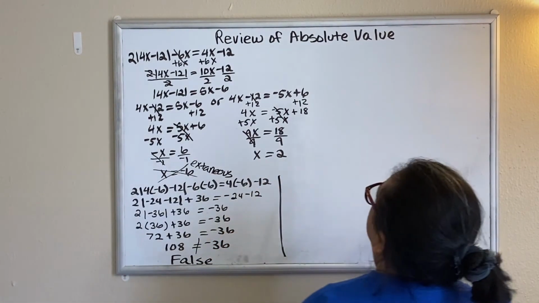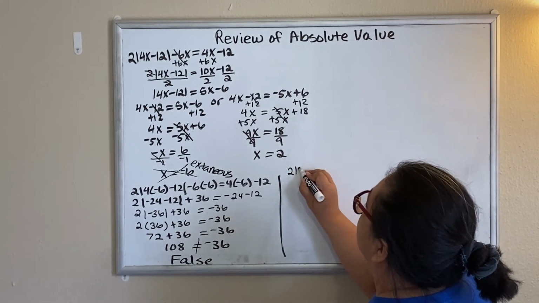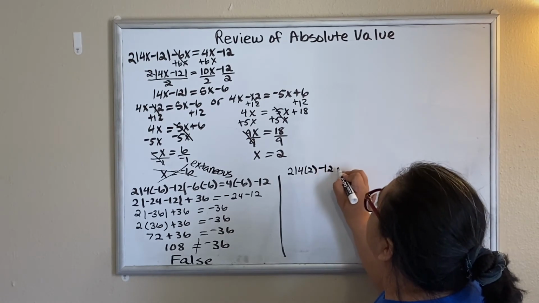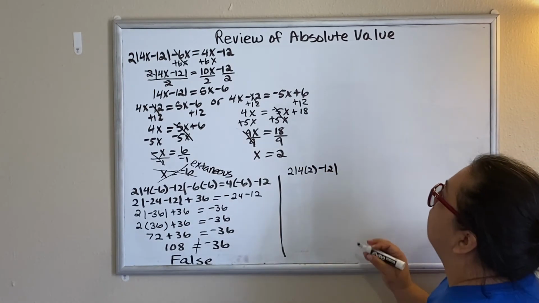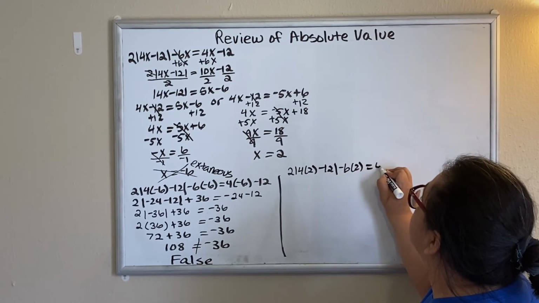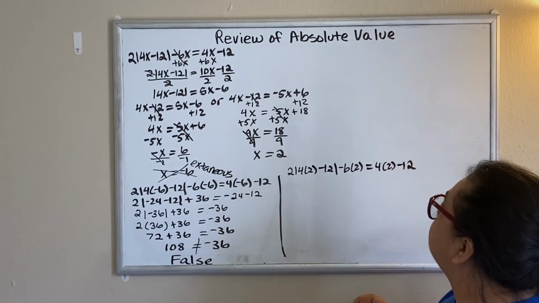X equals positive 2. So we're going to say 2 times the absolute value of 4 times 2 minus 12, close the absolute value, minus 6 times 2 equals 4 times 2 minus 12.